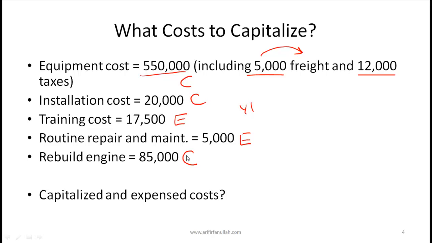There is obviously more detail in accounting manuals, but for the purposes of the CFA exam, as long as you can understand this basic structure: any money spent on the equipment and setting it up, the taxes, the freight to bring it in, all capitalized. If you rebuild or enhance the machine, that's capitalized, but training costs, routine repair and maintenance, these are expensed.